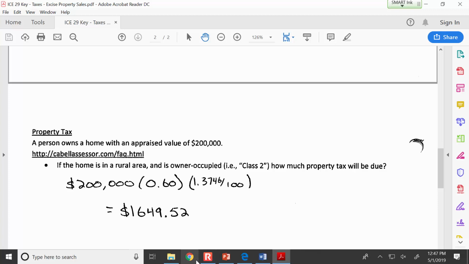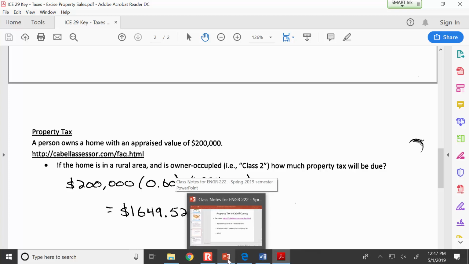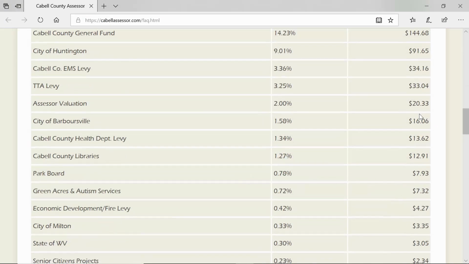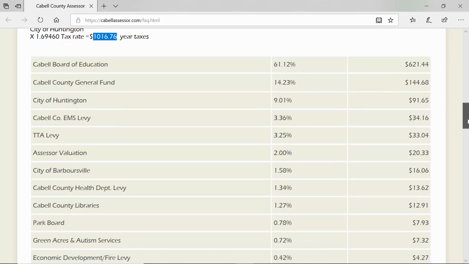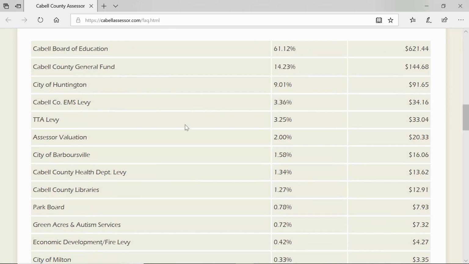And it's interesting to look at where that money's going. I told you that the assessor puts that data on their website, and they break it down. They'll say, for instance, if you had a $100,000 house, then your assessed value is $60,000, and if you're living in the city of Huntington, here's where that money would go. So out of the $1,000 you pay, most of it goes to the schools, some of it goes to a general fund, but they've got it specifically broken down line item by line item to the parks, to the libraries.